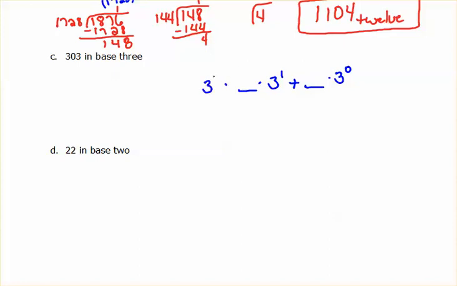Then 3 squared, groups of 9. Then 3 cubed, groups of 27. Then 3 to the 4th, groups of 81. And then 3 to the 5th, which would be groups of 243.